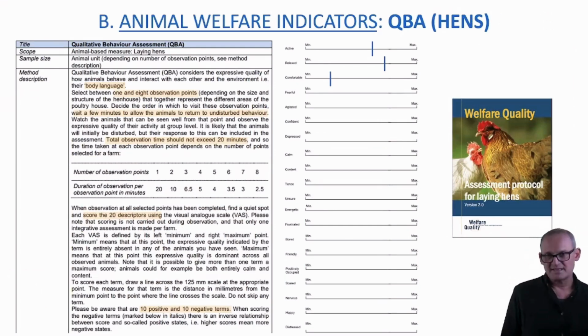The QBA is a test that is rather disputed in animal welfare science, with some people who think it's a very valuable test and other people who think it's very subjective.